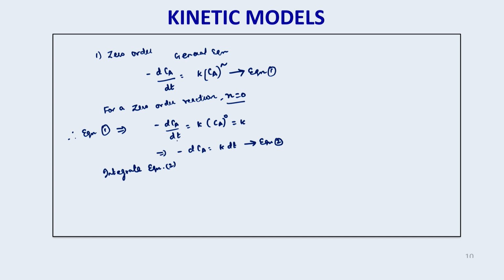This is the time. So we will get, integral of dt is t, so Ca minus Ca0 equal to K into t.